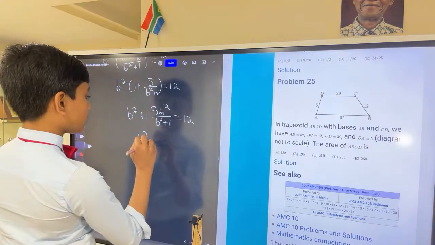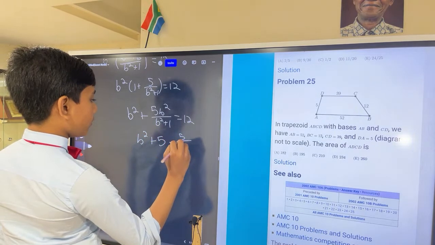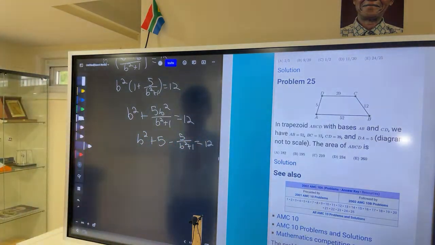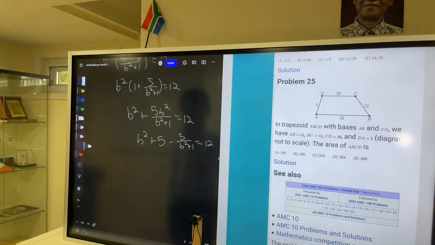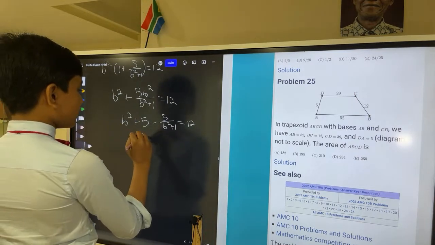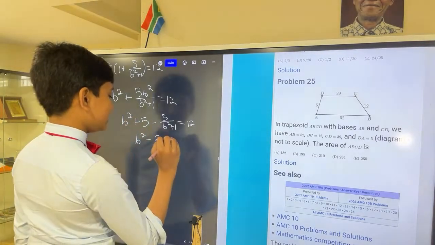So b squared plus 5 minus 5 over b squared plus 1 equals 12. So b squared minus 5 over b squared plus 1 is equal to 7.